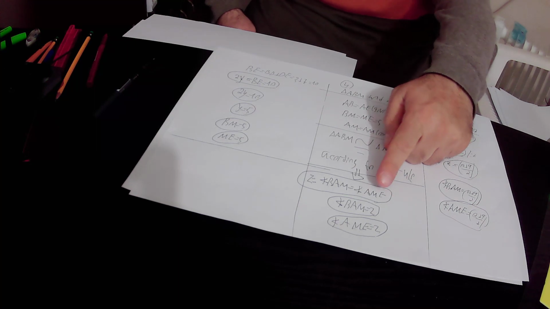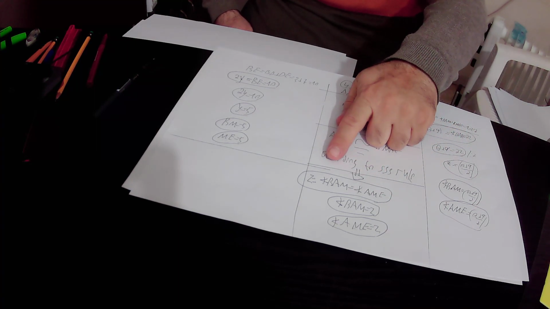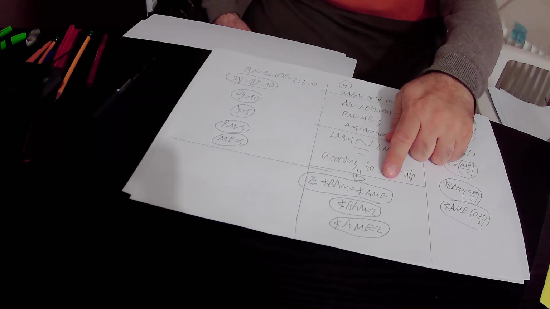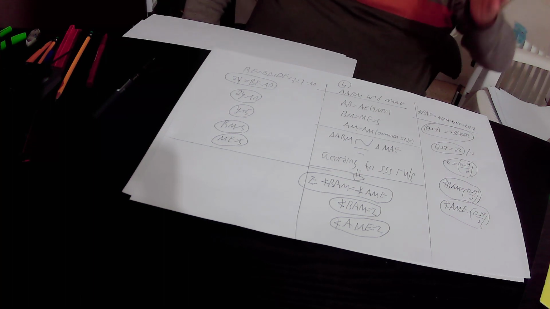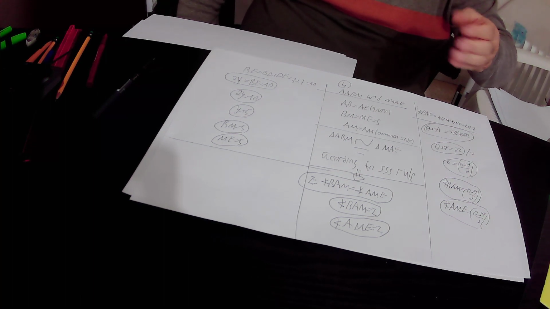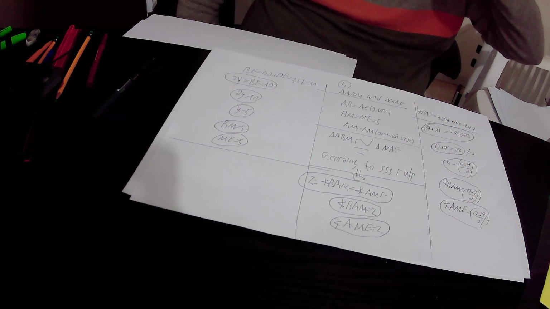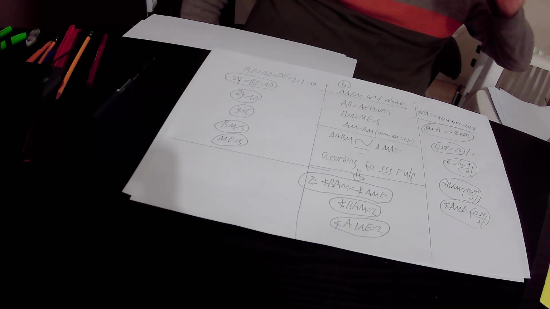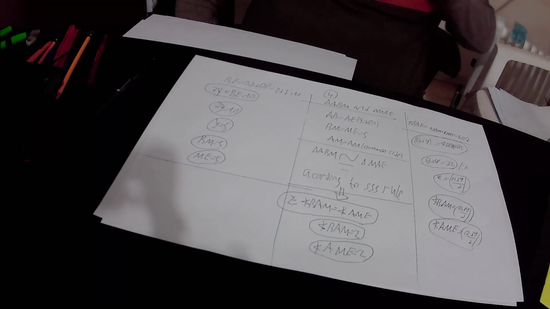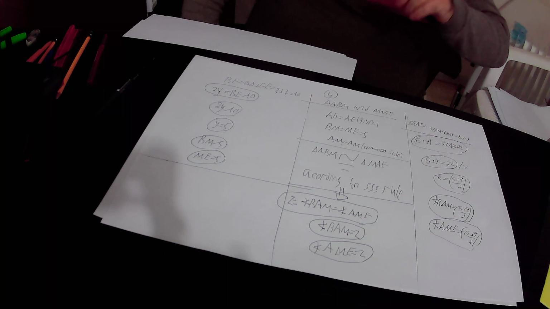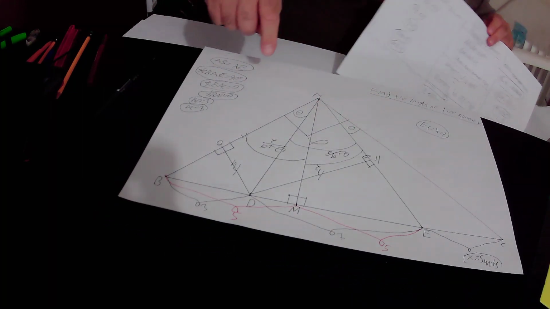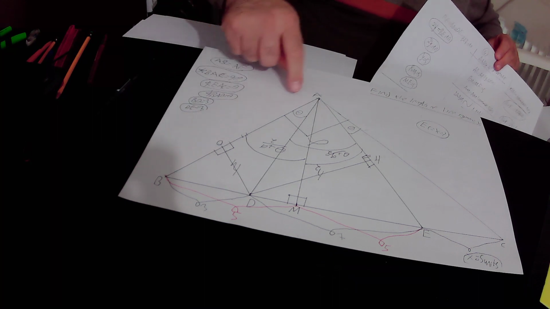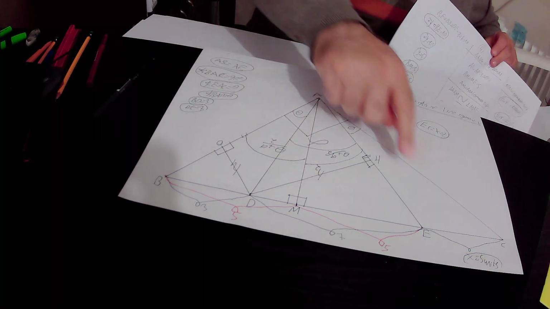If we define angle BAM as Z, then angle MAE is also equal to Z. So we have angle BAM that equals Z and angle MAE that is also equal to Z. But what is the value of angle BAE? The value of this angle BAE, from one side, equals angle BAM plus angle MAE.